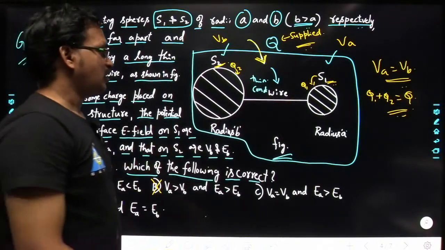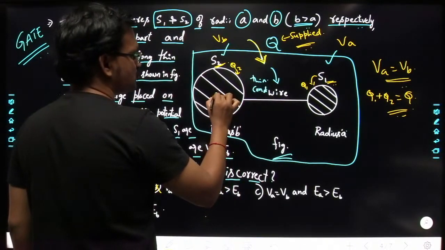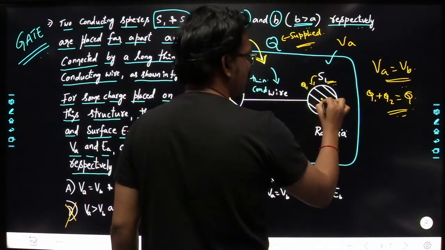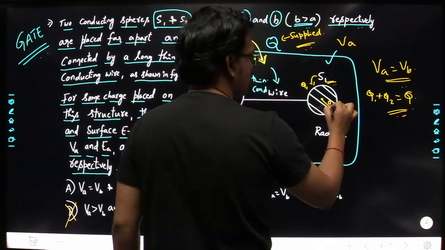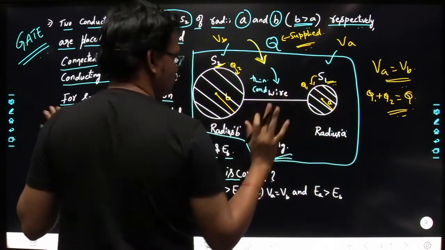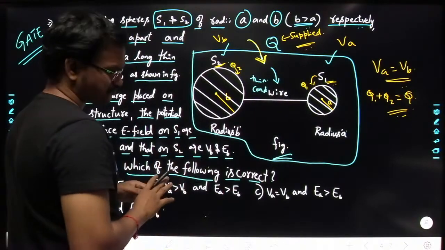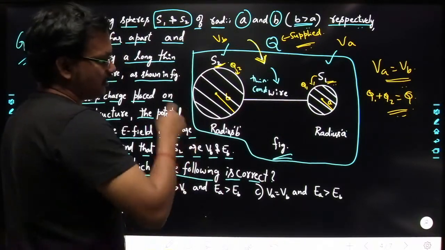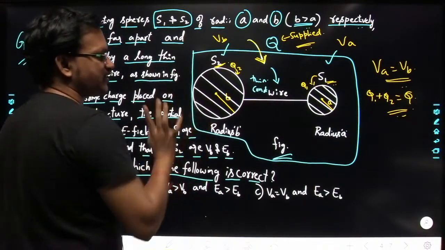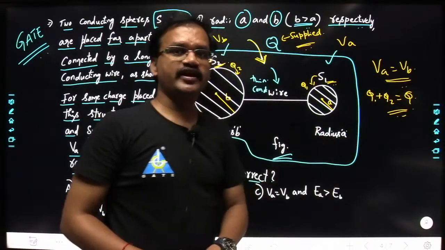Now see here, the radius of sphere S2 is B, and the radius of sphere S1 is A. So the charge Q2 is supplied to this one and the charge Q1 to this one, let us assume. Now, the radius of curvature of sphere S2 and of sphere S1, which one is greater and which one is smaller?